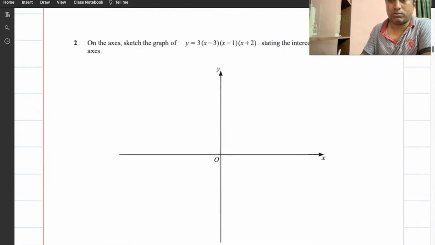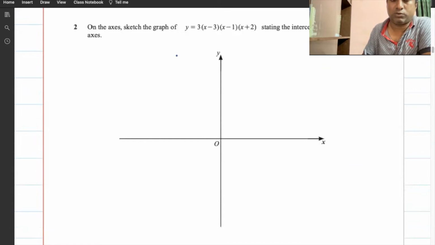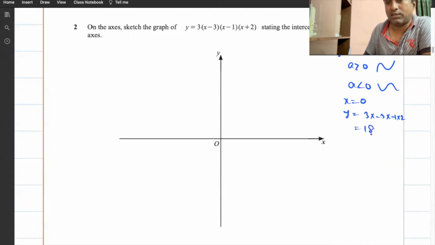Now we need to sketch the graph. For y = ax cubed + bx squared + cx + d, if a is greater than 0, the graph will be in this shape, and if a is less than 0, the graph will be in this shape. Now let me consider x equals 0, so y equals 3 times minus 3 times minus 1 times 2, so we have 18.